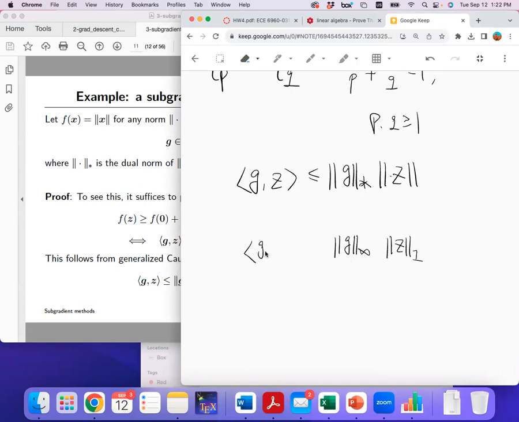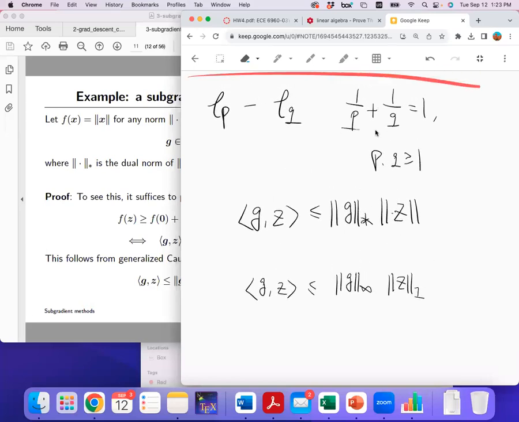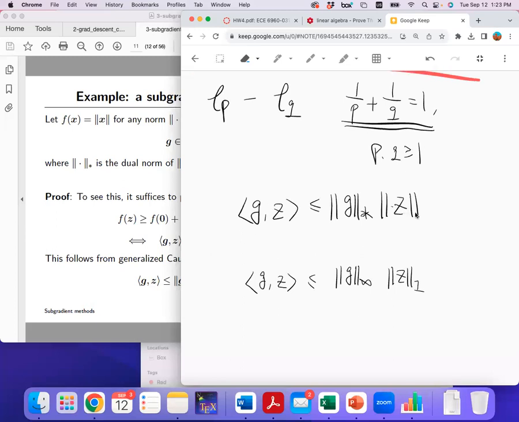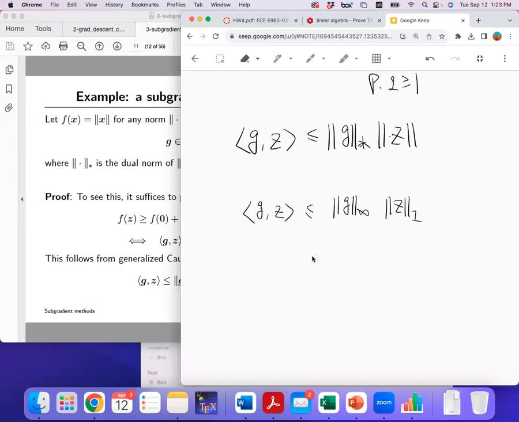This is one form of Cauchy-Schwarz; 1 and infinity satisfy this condition. Or you can say 2 and 2.